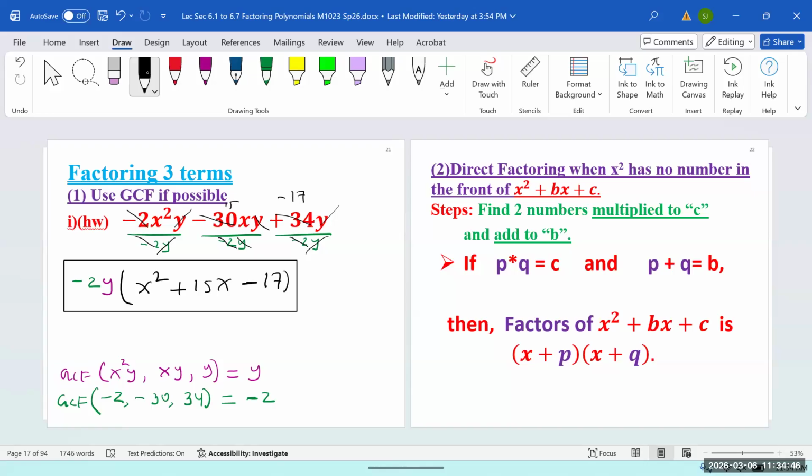So always figure out two numbers. If possible, they have to multiply to c and add to b. If you can find such numbers, then our factors are easy. We write them as two binomials, and we have x, and then we write down those two numbers, whatever makes the product c and sum to b.